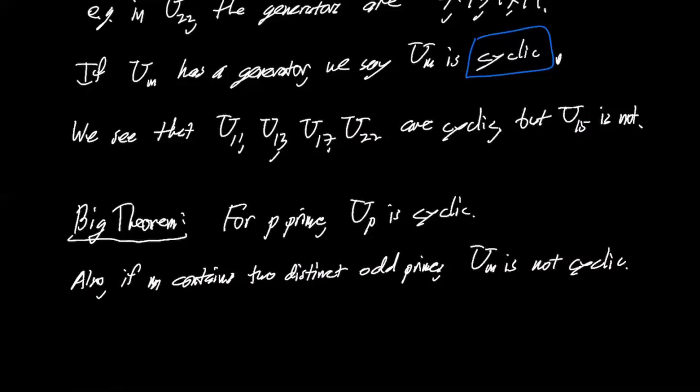So U sub 15 was not cyclic. U sub 30 is not cyclic. U sub 35 is not cyclic. That's 5 times 7.